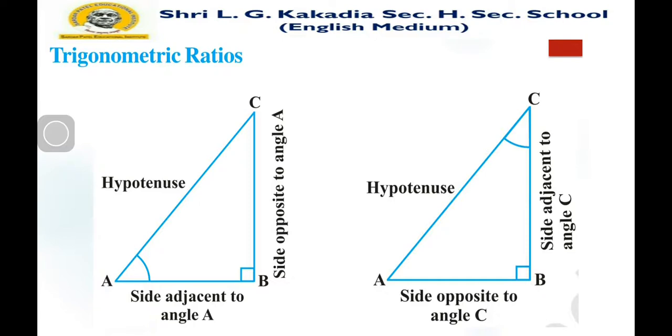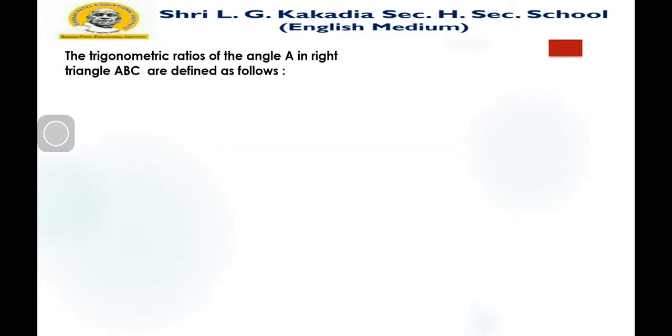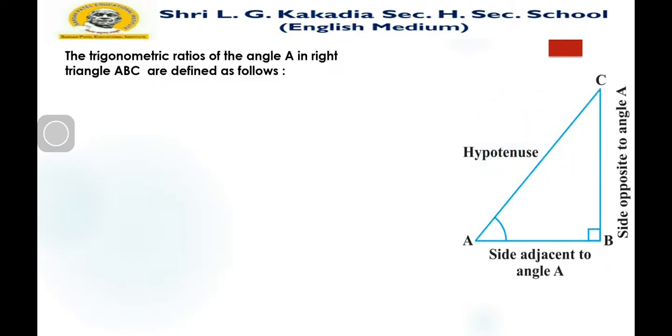Now let us discuss trigonometric ratios. The trigonometric ratios of angle A in right triangle ABC are defined as follows.